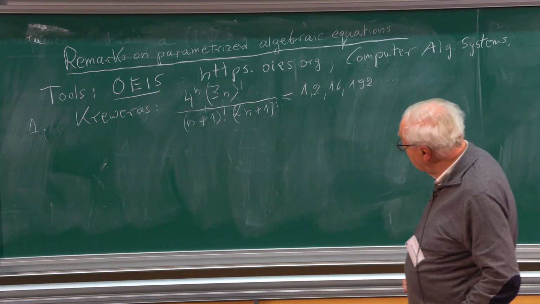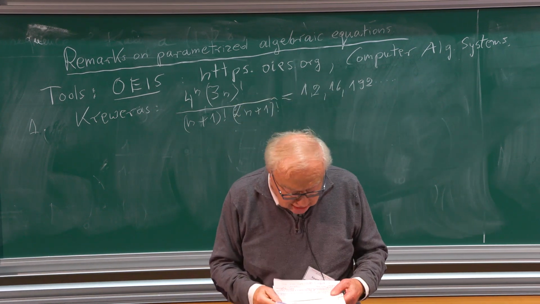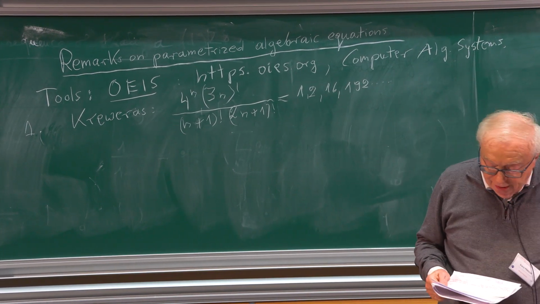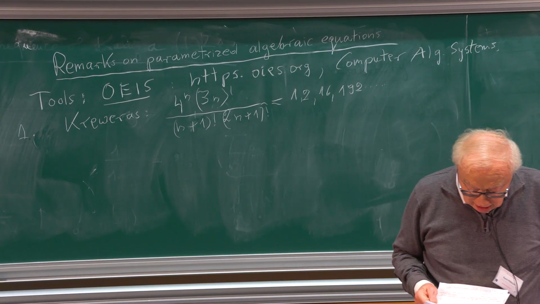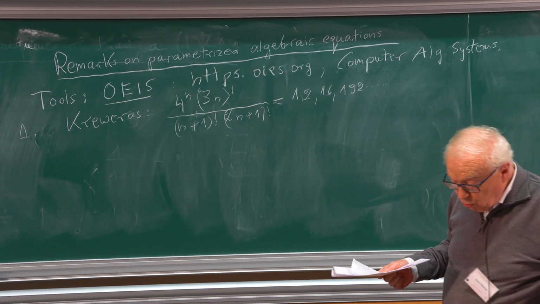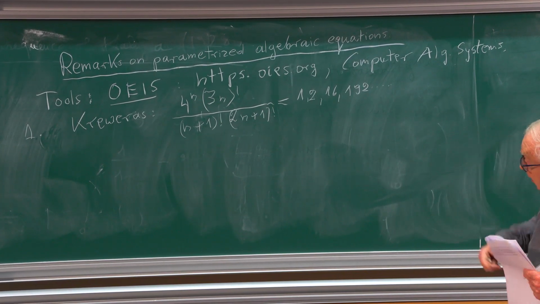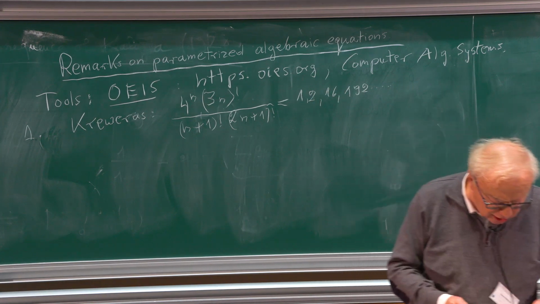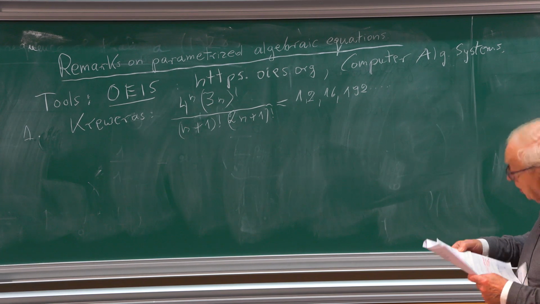Okay, so this is a sequence of integers, as you see, and the questions that we ask are the following. What is the generating function of this sequence, and what are properties of the generating function of this sequence? And another question which we will not treat here is, are these numbers moments of something? It turns out that yes, but this question will not be explicitly treated here.